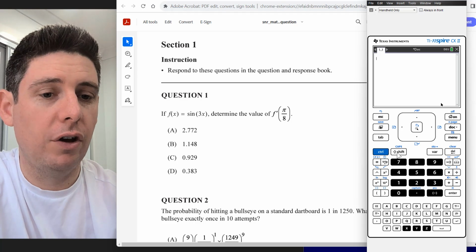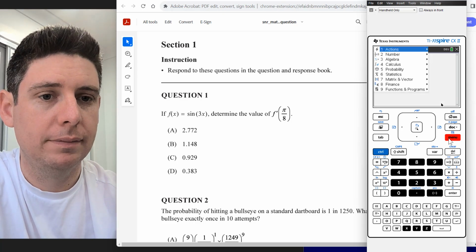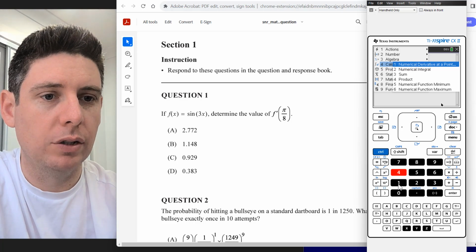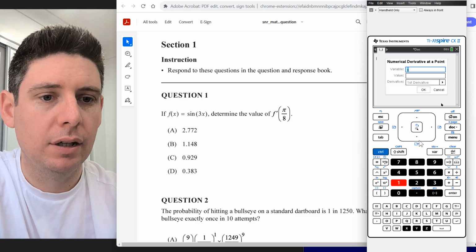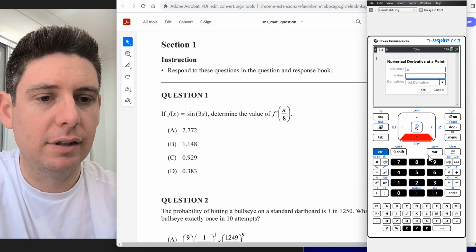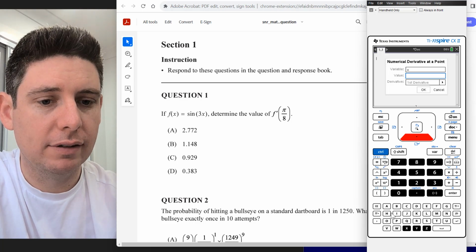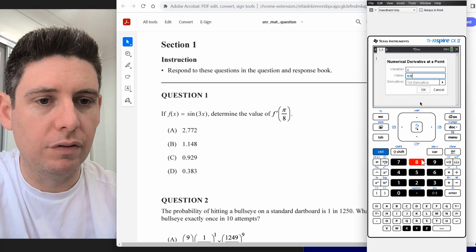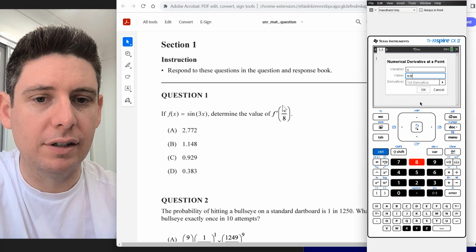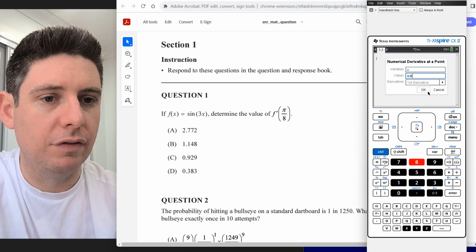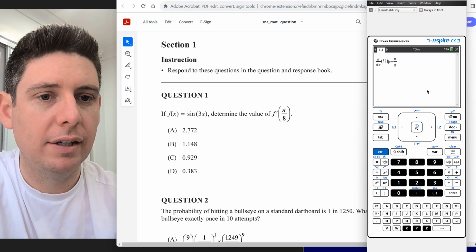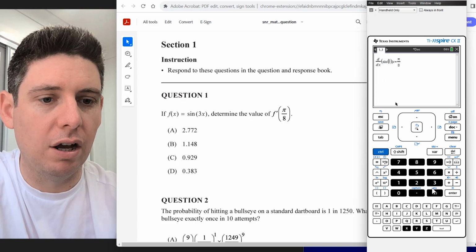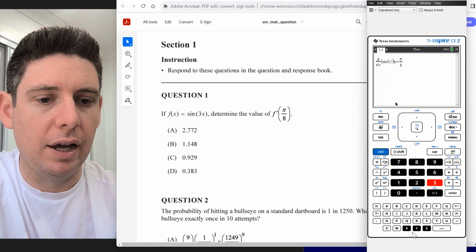All right, so first you go menu, 4, because we're doing calculus, 1, because we're doing derivative at a point, variable is x, the value of x is pi divided by 8, as you can see here. It's the first derivative, you press OK, and then we need to type in the function sine 3x.